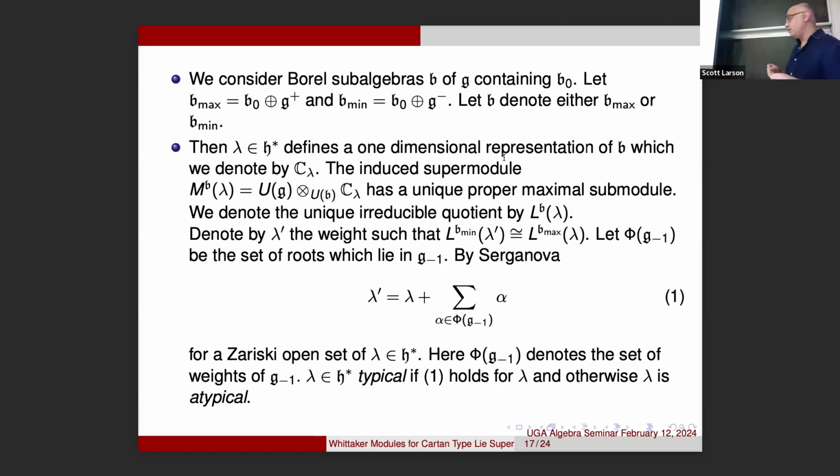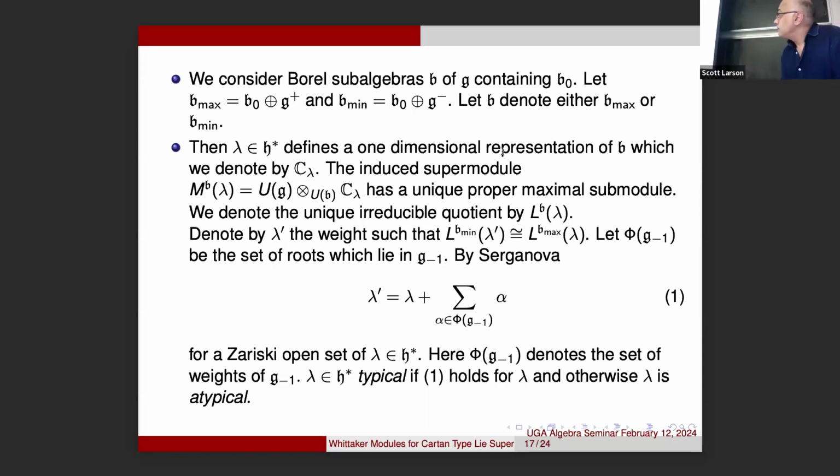There are two Borel subalgebras you can use. If you take a Borel subalgebra of G0, which we denote by B sub 0, you can look at B0 plus G plus. This is called the maximal Borel for us. And then you have the minimal one, where you just use the G minus 1 part and B0. You can construct simple modules by using any of these algebras.